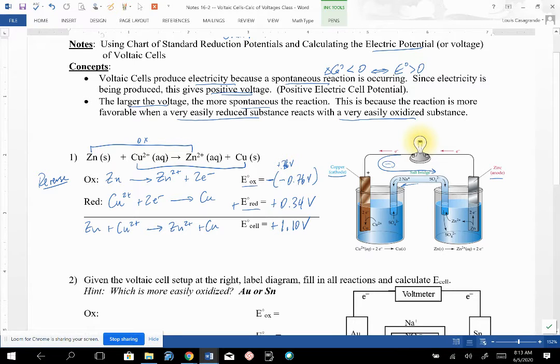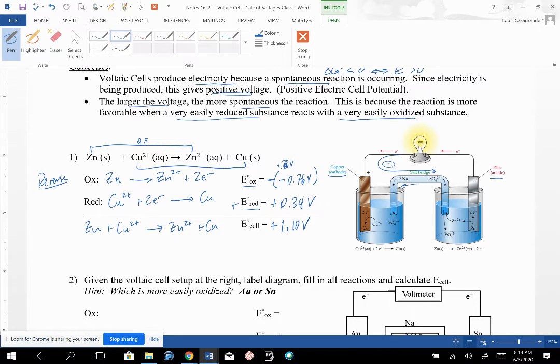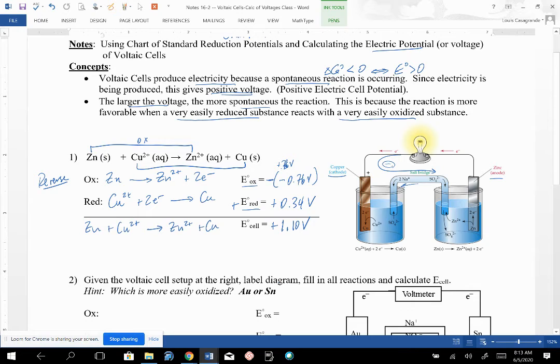Now, I want to point something out that's very important. And we'll talk a little bit more about this down below as well. Never multiply by the number of electrons in the reaction, because the E of the cell, the E0, is actually volts per electron.